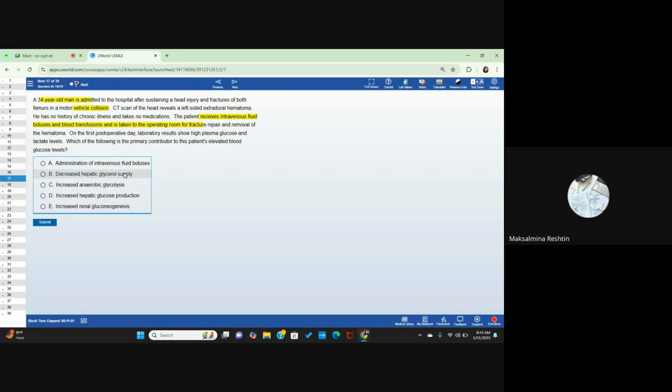Adrenaline due to stress, epinephrine. In stress it will increase the glucose in the blood, hyperglycemia in the perioperative period. Gluconeogenesis, hepatic. Yes.